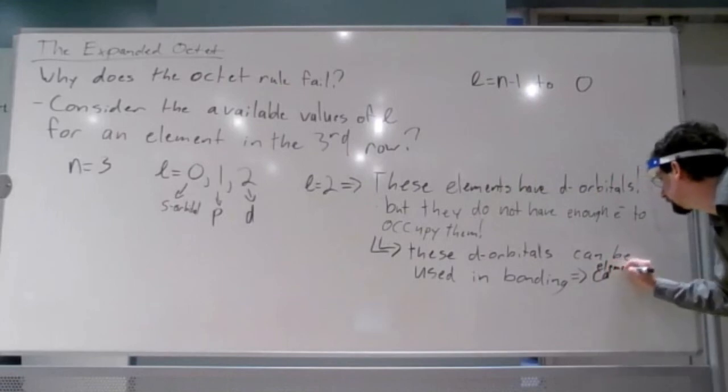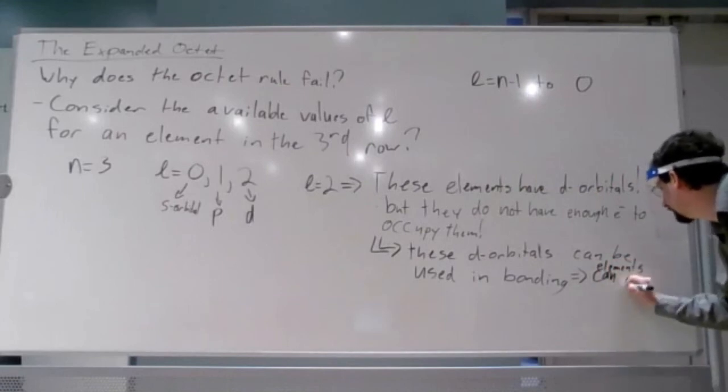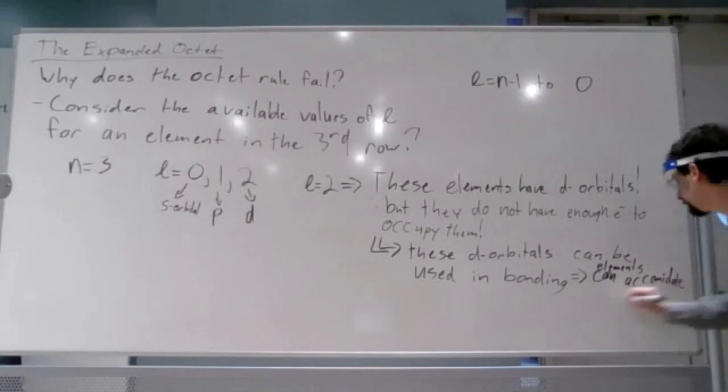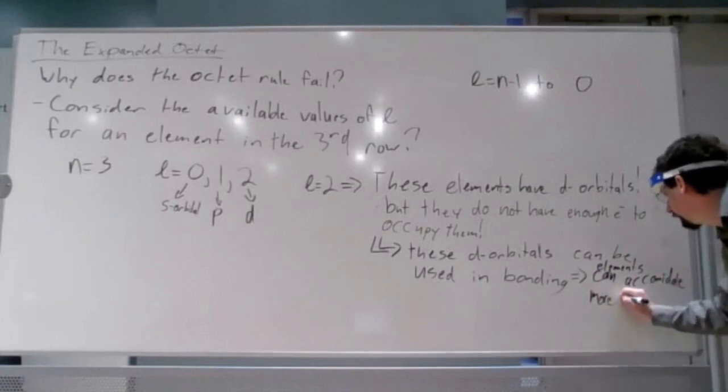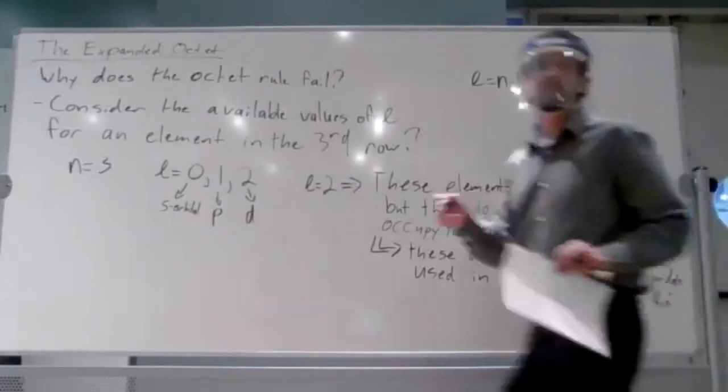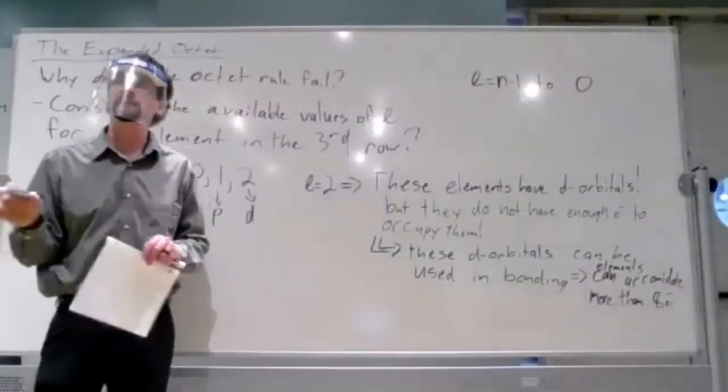Elements can accommodate more than 8 electrons, and that's why the octet rule fails for these systems.